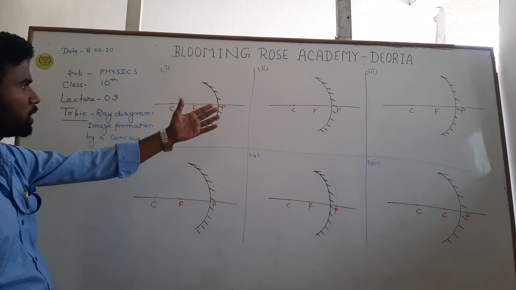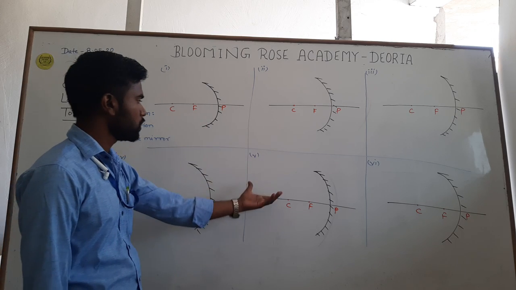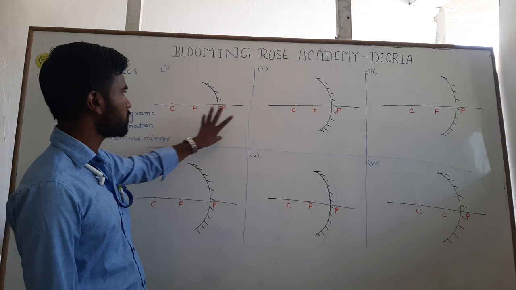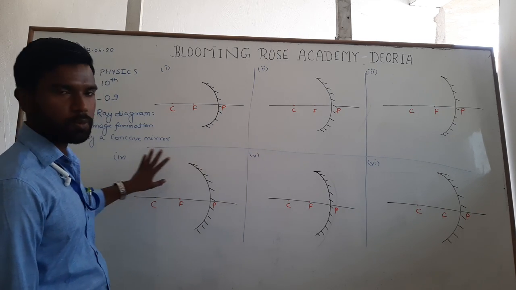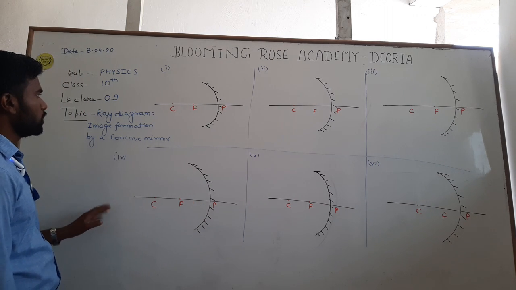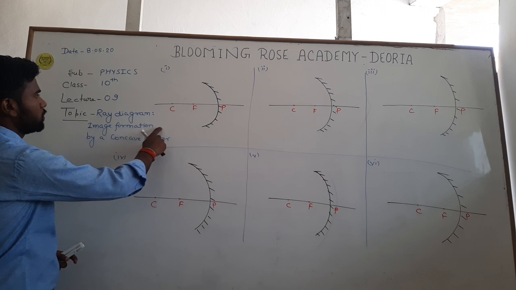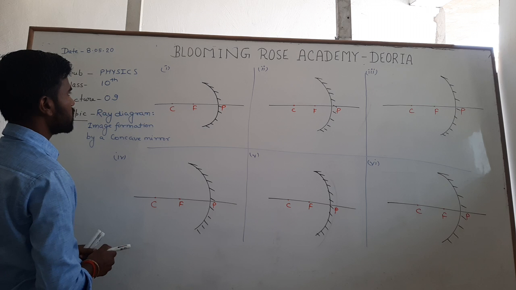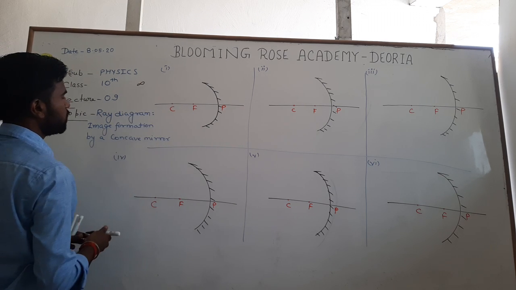So you can see that here is a rough diagram of a concave mirror in 6 parts. One by one we will place the object at those positions and draw the image for each. First of all, what you have written in the table: first, when an object is placed at infinity, and here is infinity.